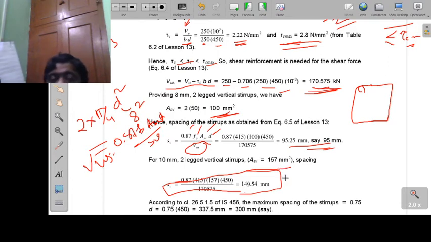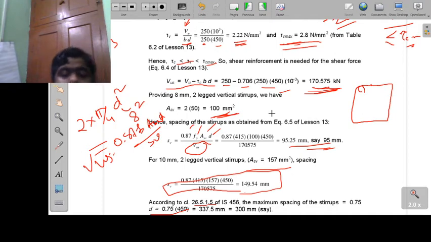Now, the codebook has given a guideline on what should be the maximum spacing for shear reinforcement. That I have not mentioned earlier. If you see clause number 26.5.1.5 of IS 456, they said that the maximum spacing should be 0.75 d. Just refer to that, you will find the guidelines given there.